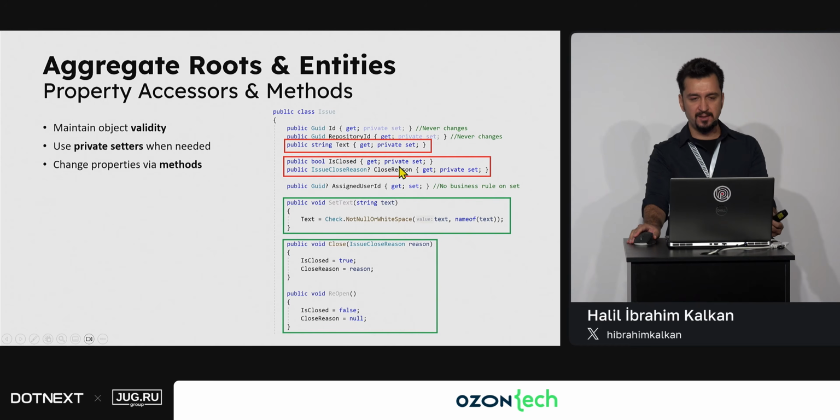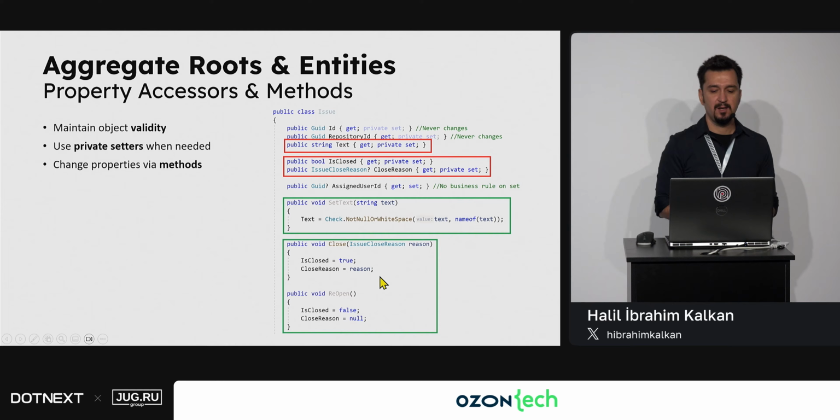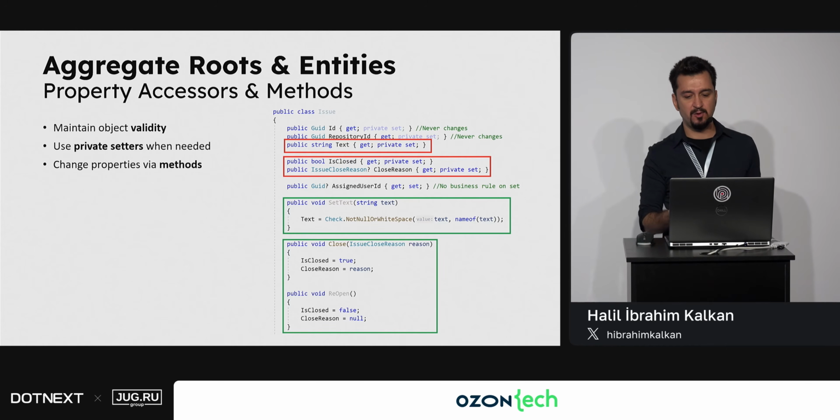However, if I make it private and create Close and Reopen methods, I ensure that this rule is satisfied. It also reflects domain logic and domain rules much better than a public setter and getter.